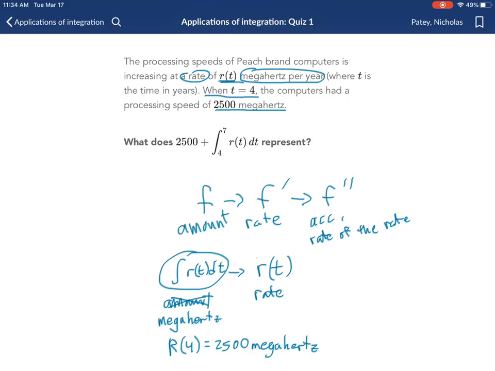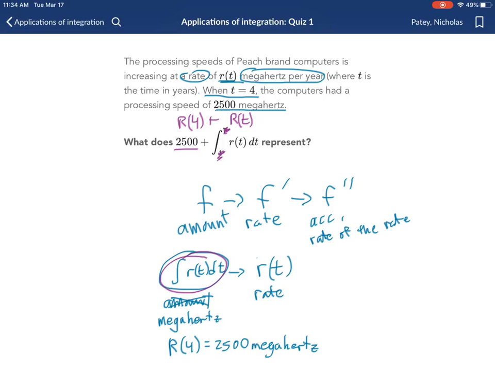So now let's look at the question and what it's asking. It says, what does 2500 plus this mean? For now, I want to ignore the 4 and the 7; we'll talk about the 4 and the 7 in a second. So 2500 would be R of 4, and this guy right here would be the integral of r(t). Remember earlier we said r(t) is the rate, so its integral is an amount.